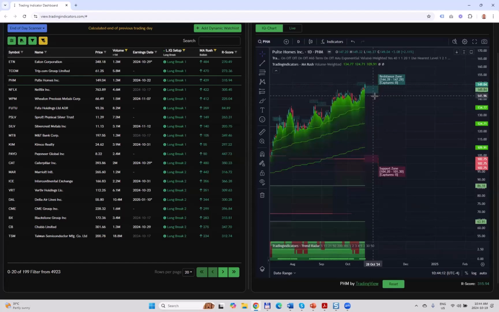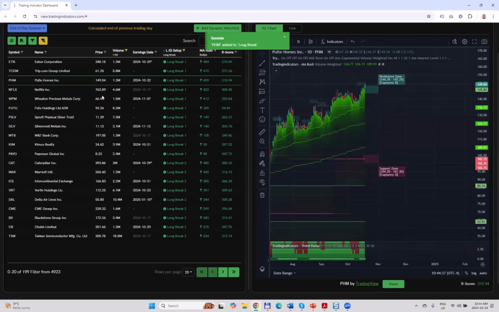Your stop loss would just be below this resistance level here, which hopefully will act as support. So very nearby, and perhaps 142, 143. And the expectation is that we see upside momentum and price is accelerating to the upside since we broke now above this resistance level and we have clear skies ahead. So I'm going to add this one to our long break watch list.